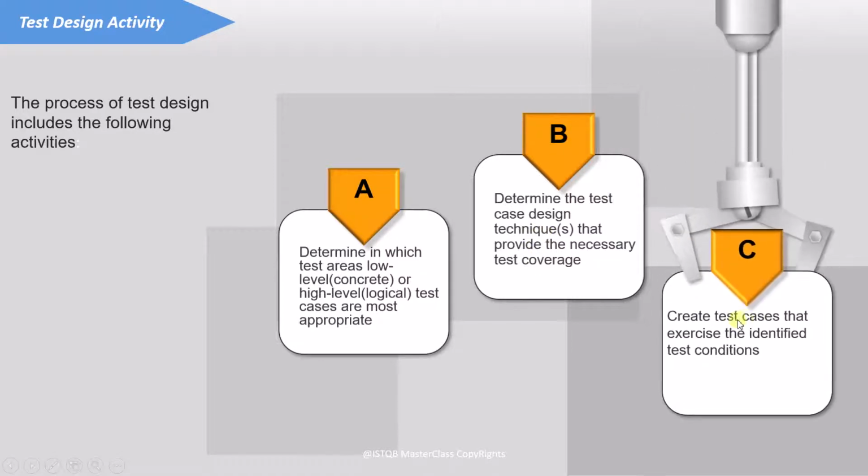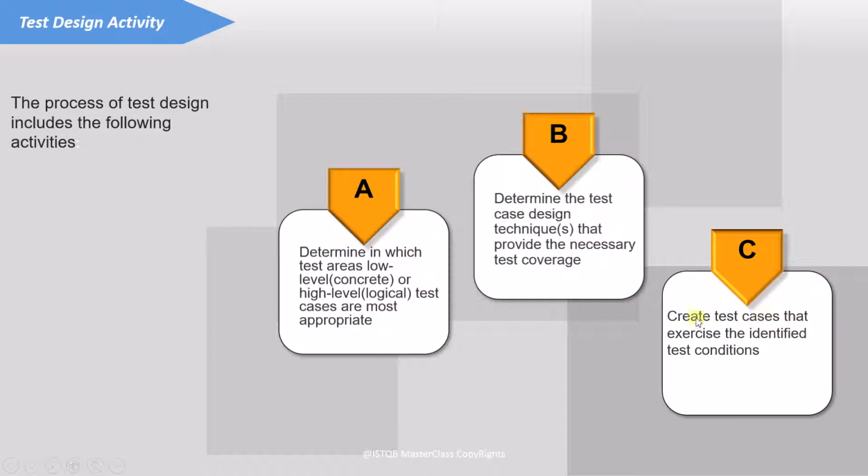So this is one more activity. And the next one is create test cases. This is very important. We have to create the test cases that exercise the identified test conditions. In the test analysis phase, we identified the test conditions, and in the test design phase, using those test conditions, we are going to write the test cases.